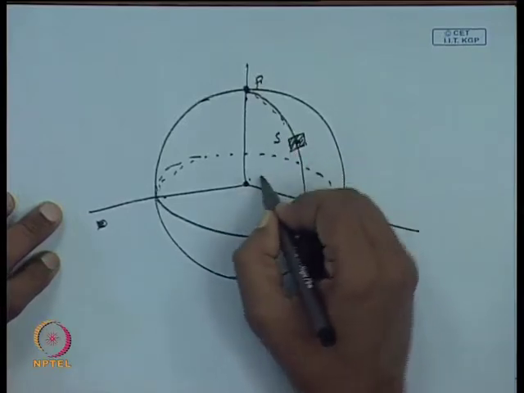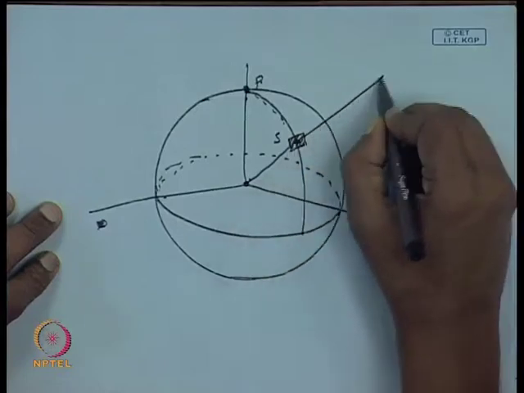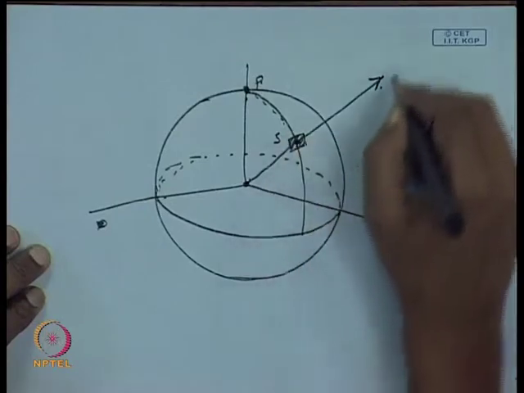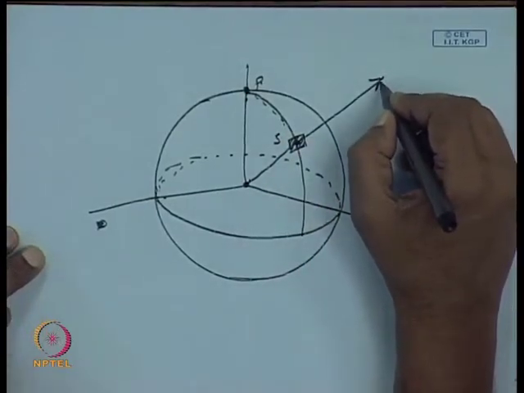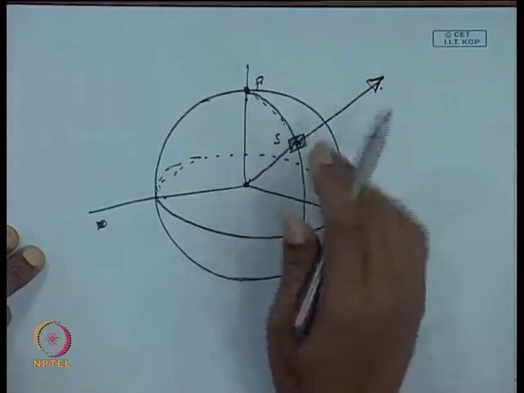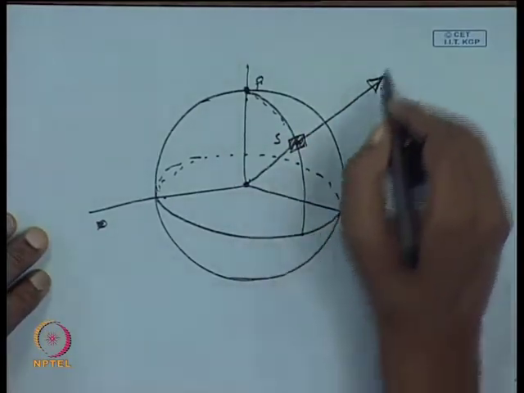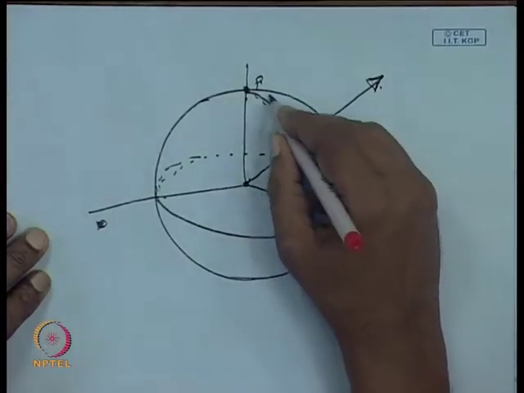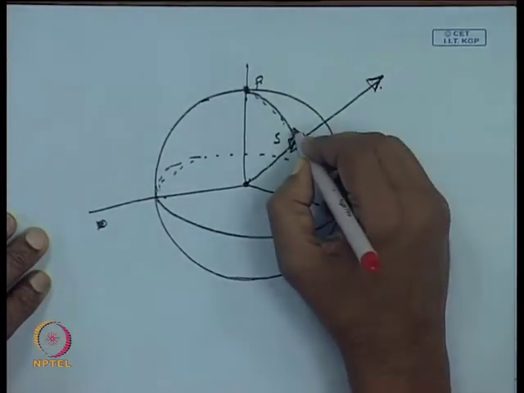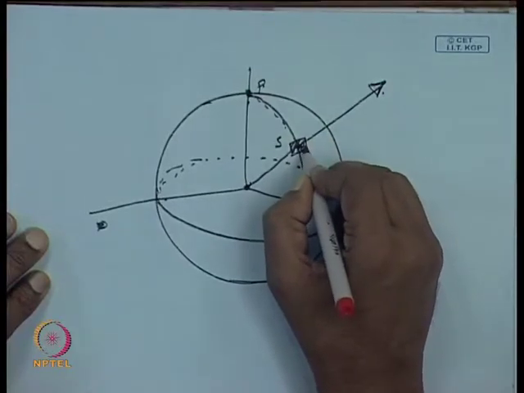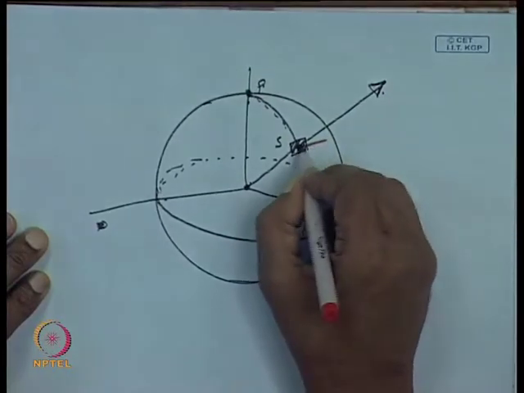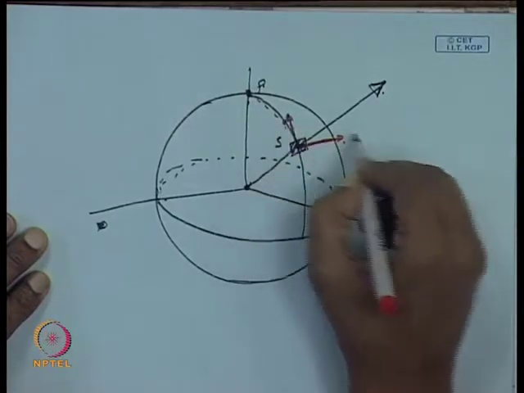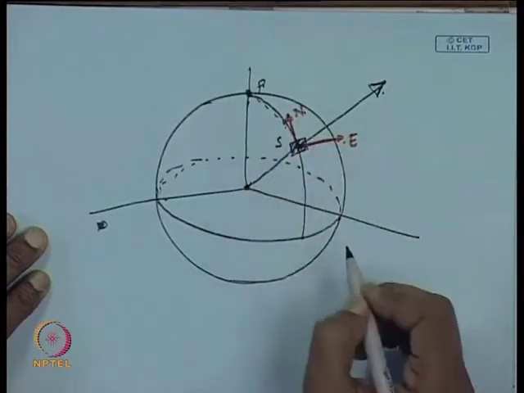This is your station and this is your local vertical, assuming the earth to be spherical; otherwise the local vertical differs a little bit because of the oblateness of the earth. We are ignoring all those things right now. This is the north-south line, and here your east line will appear. This is your east line, and this is the north line.